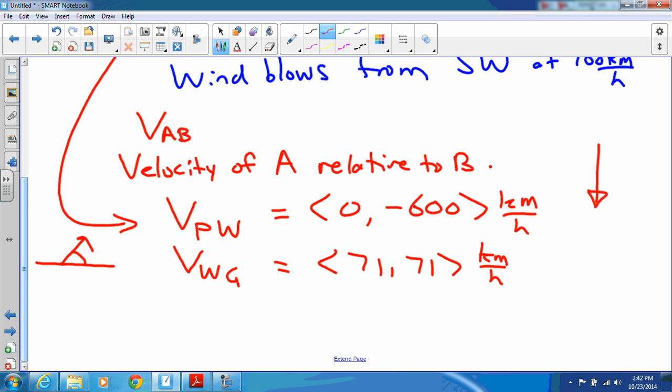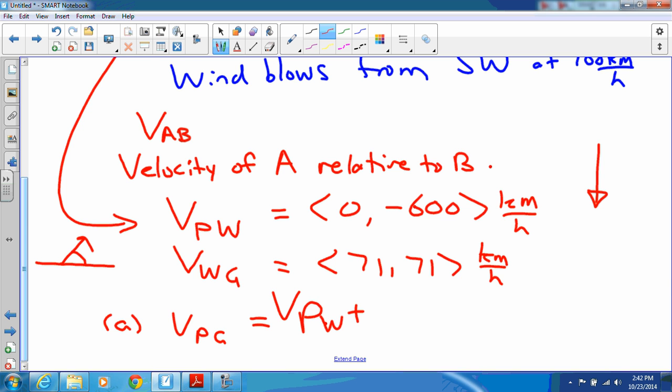Okay. And now the first question is, what is the velocity of the plane relative to the ground? How do I label that, first of all? VPG, velocity of the plane relative to the ground. Now the next question is, how do I compute it? And here is where we do our velocity addition.